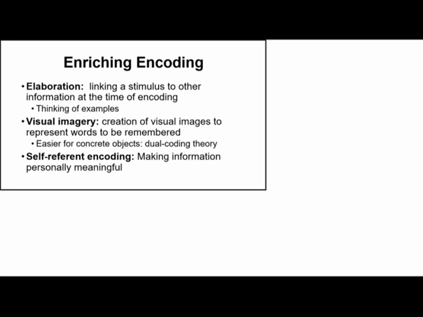Maybe you can think of some examples. We've made comparisons with computers and how they store information away and how we retrieve information from the hard drive. That is an elaboration where it's not just the model of memory, it's now connecting it to something that you have experience with. So it makes it a little bit easier to remember.